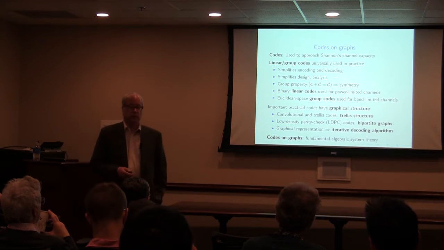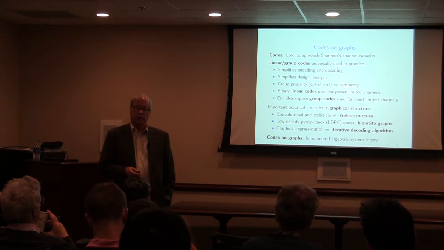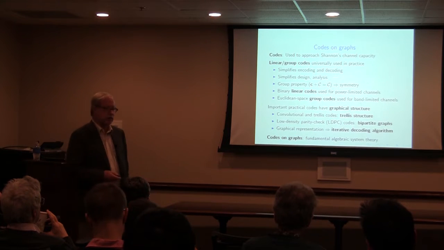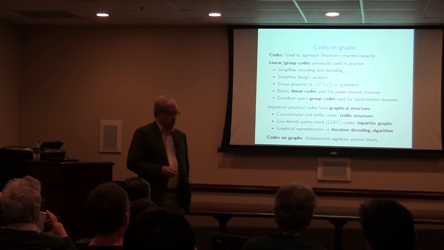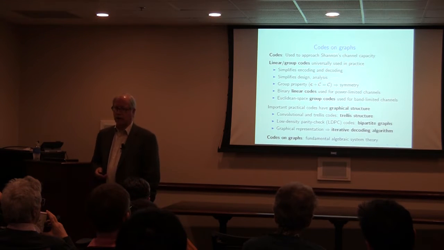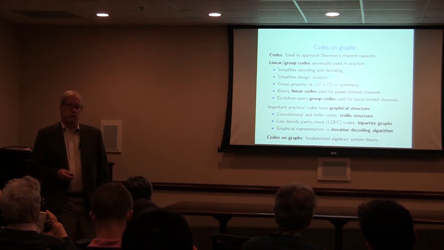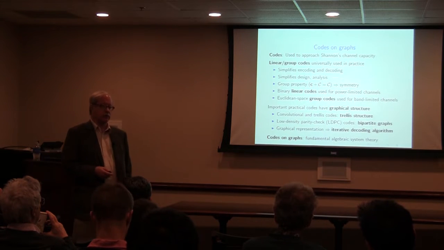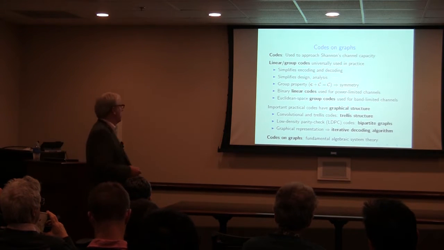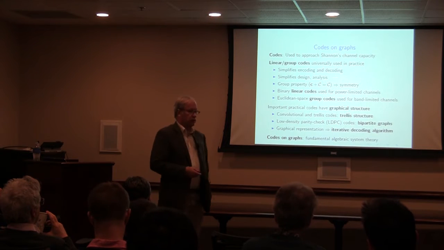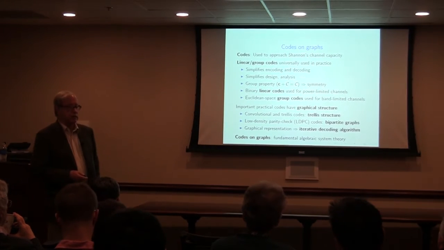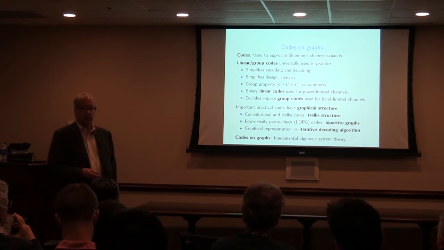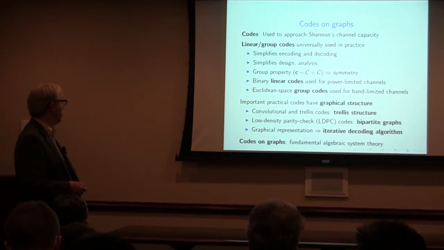So we're talking about codes. The kinds of codes we're talking about are the ones used in data communications to approach Shannon's channel capacity. For this application in practice, we always use codes with a linear property or sometimes just with a group property. For various reasons, it doesn't cost us anything. It very much simplifies the analysis as well as the actual implementation of coding and decoding.